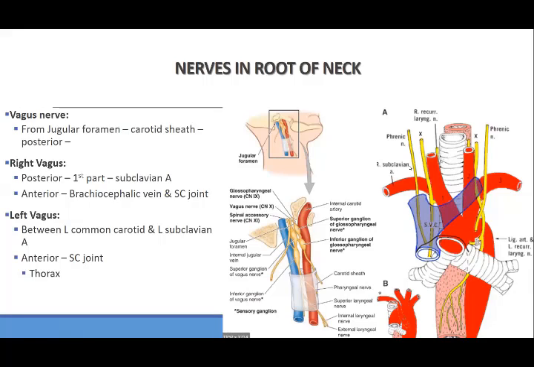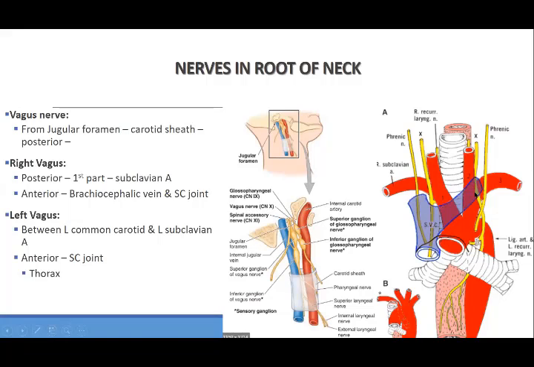One by one, ये देख लीजिए, right side की 10th cranial nerve है और ये left side की 10th cranial nerve है. Left side पे आप देख लीजिए, the 10th cranial nerve is running between these two arteries. ये common carotid है, ये subclavian है. दोनों arch of aorta से arise कर रही हैं. And the 10th cranial nerve is running between the common carotid and subclavian. Now this nerve passes in front of the arch of aorta. मैं left side की बात कर रही हूँ.